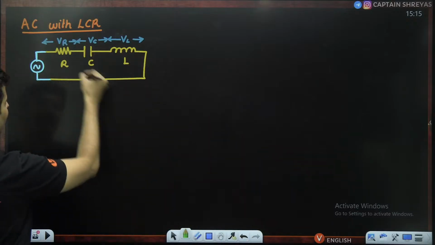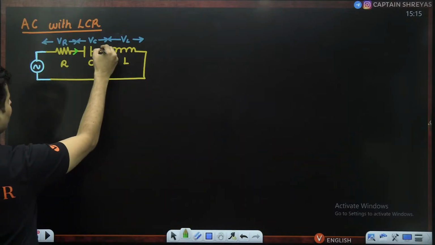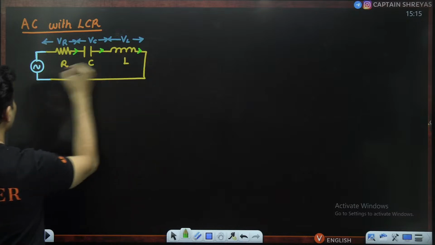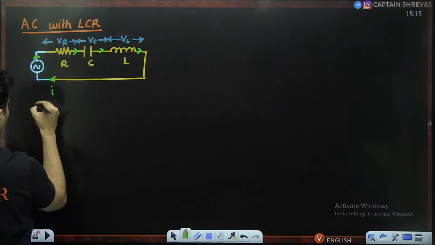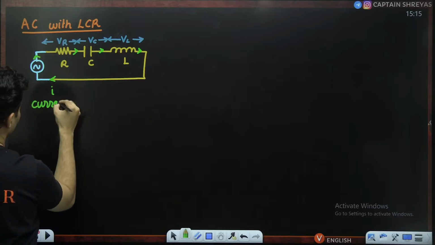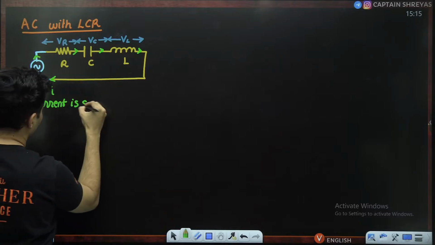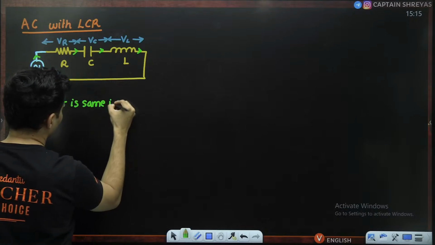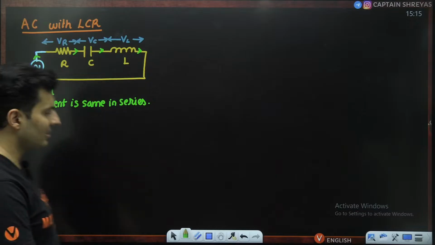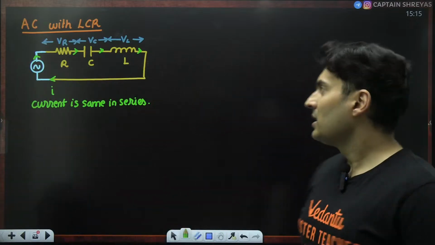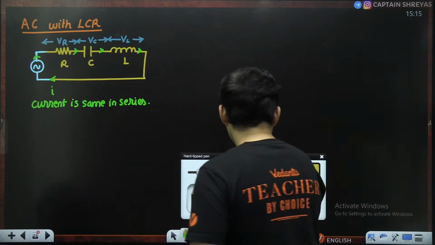Also, you might have an ammeter in the circuit. You will notice since the devices are in series, whatever current is flowing will be the same. Current is same because they are in series, but voltages may not be same in series. Obviously, we know that.